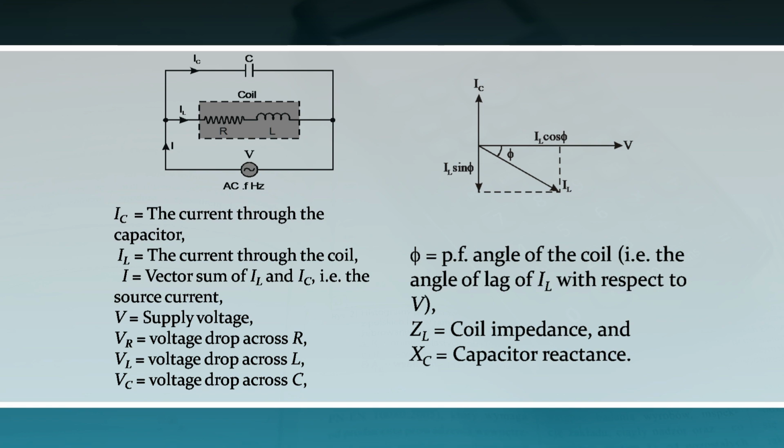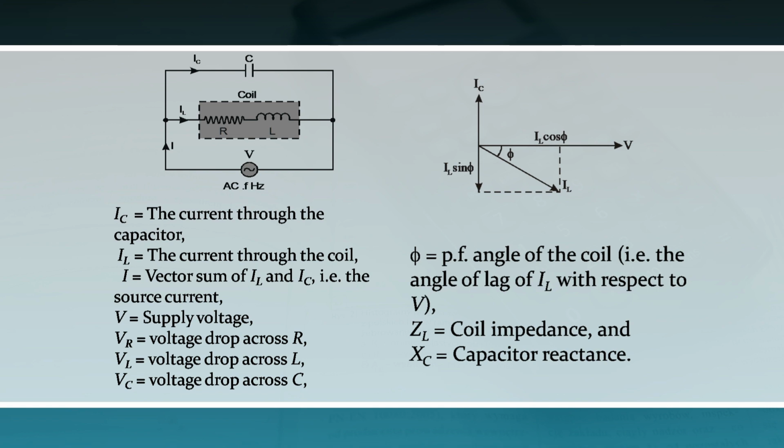Now you have to take the components of this IL, that is the horizontal component and the vertical component. The horizontal component of IL can be written as IL cos phi, and the vertical component can be written as IL sin phi. So in parallel resonance, what is the condition?